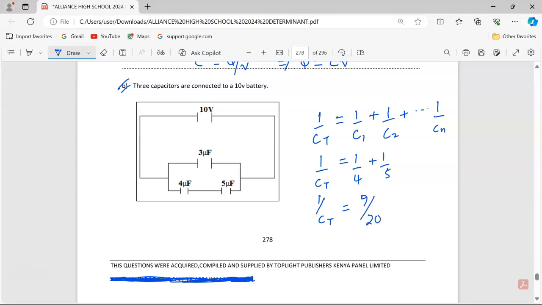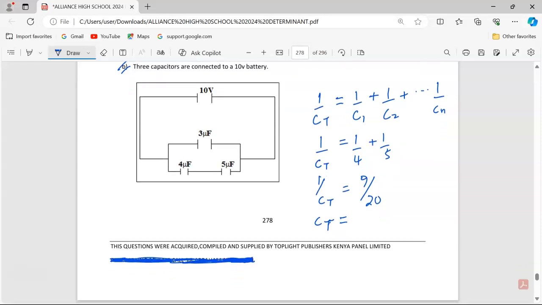Now we get the total capacitance by taking the reciprocal, so 20 over 9, which is equivalent to 2.22 microfarads. So for the 2 capacitors in series, the capacitance is 2.22 microfarads.